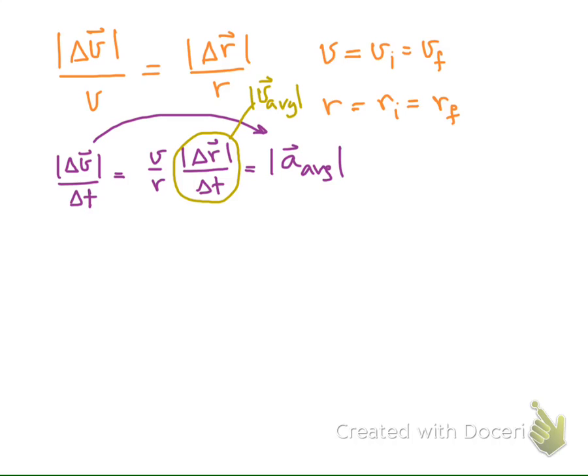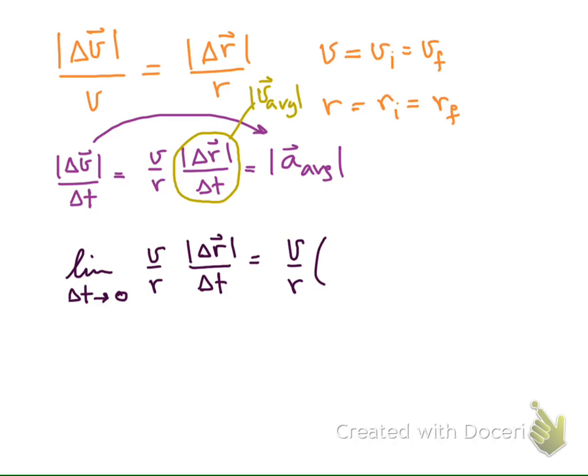The limit as delta t approaches 0 of V over R times delta R over delta t is equal to V over R times the limit as delta t approaches 0 of delta R over delta t.